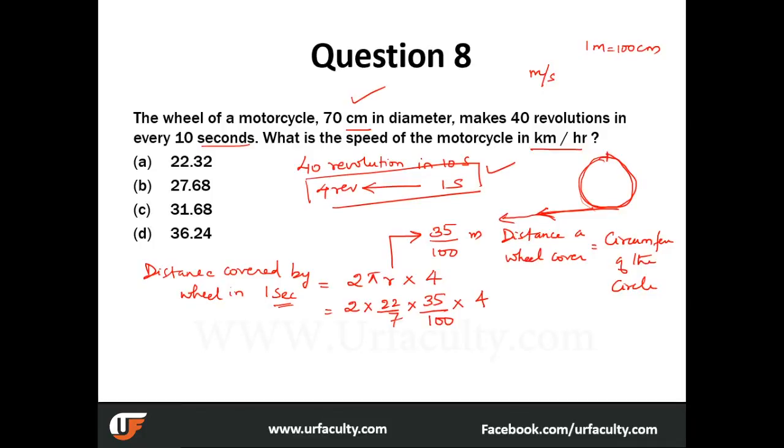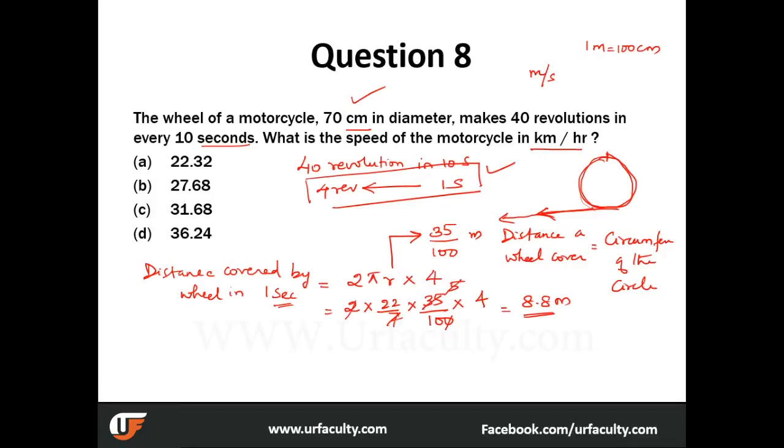So if you do the calculation now, what are you left with? Let's do it now. 7 5s are 35, 10, you take off 1 0, you're left with 8.8 meter, right?